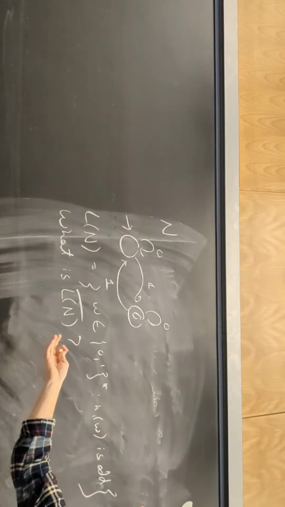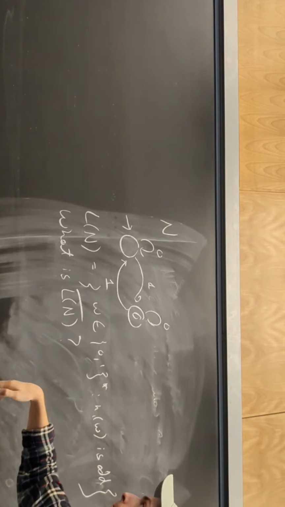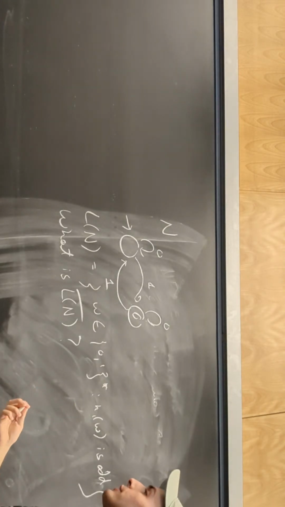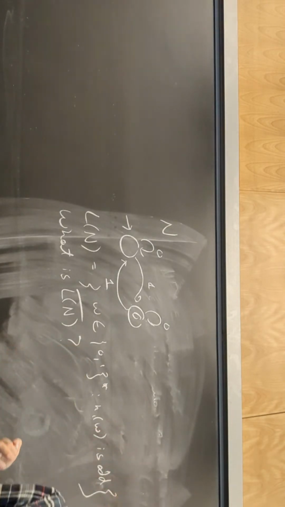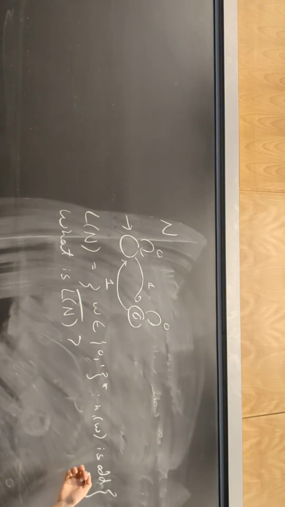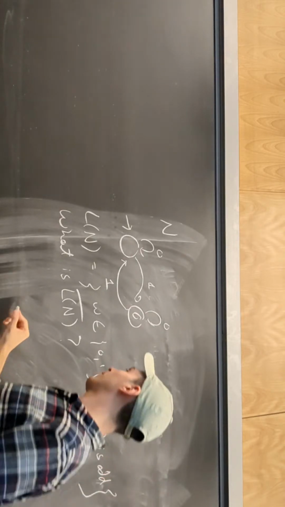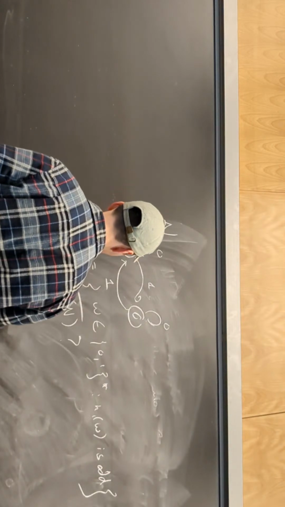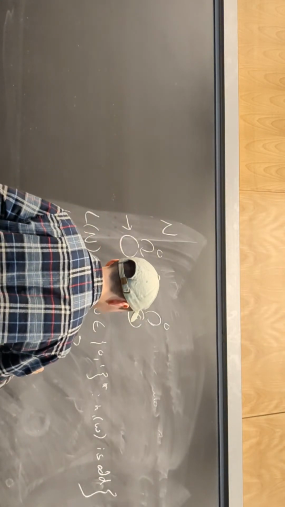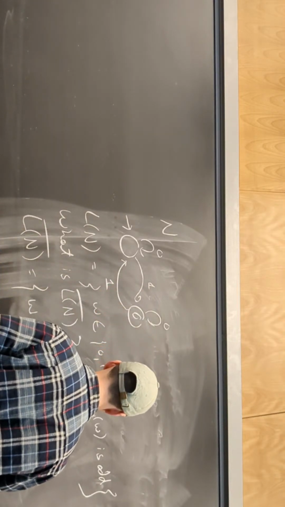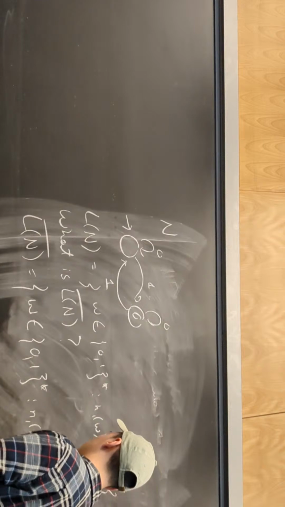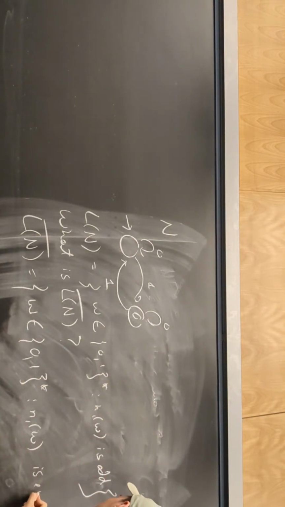The complement is asking for the set of strings that are not in L of N. That's all of the strings that do not have an odd number of ones. So L of N complement is the set of W where the number of ones in W is even, just by definition of complements. I'm just dealing with set theory at this point, not talking about DFAs or NFAs.